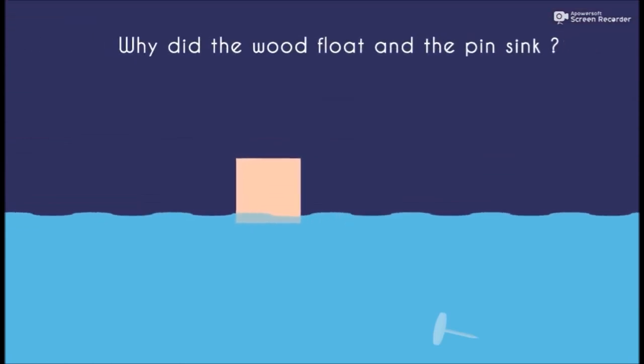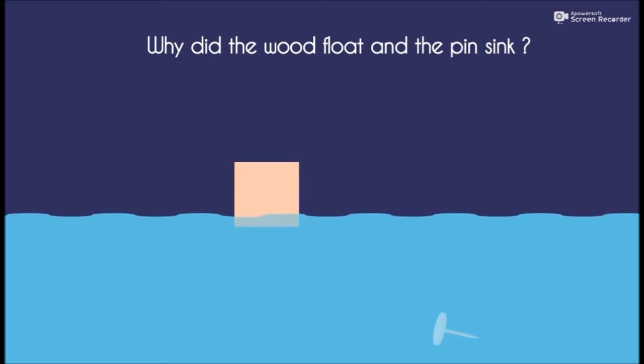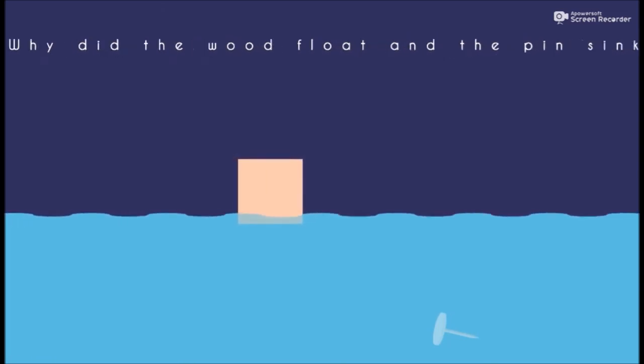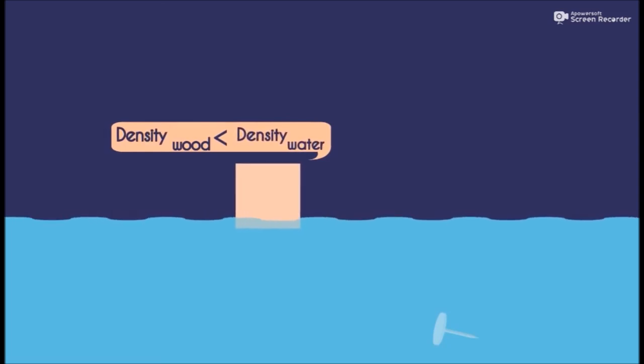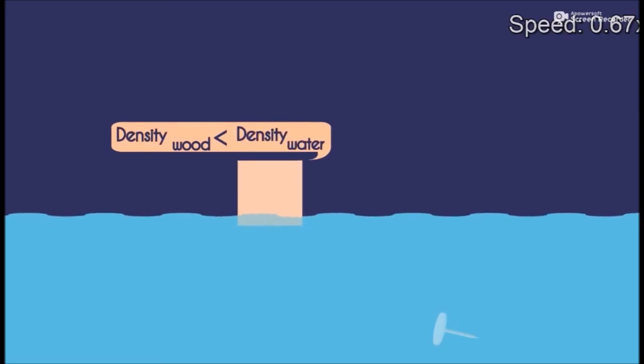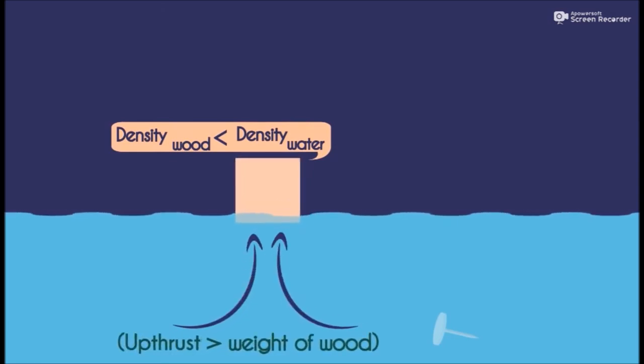Coming back to our example, why did the wooden block float and the pin sink? The wood floated on the water because the density of the wood is less than the density of water. Hence, the upthrust of the water on the wood is greater than the weight of the wood.